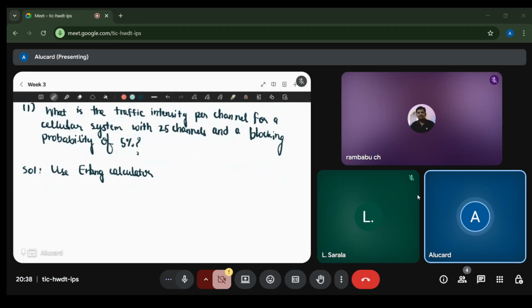I think at the beginning of the assignment, a link to an online Erlang calculator has been provided. So click on the link, go there, and find out the capacity.